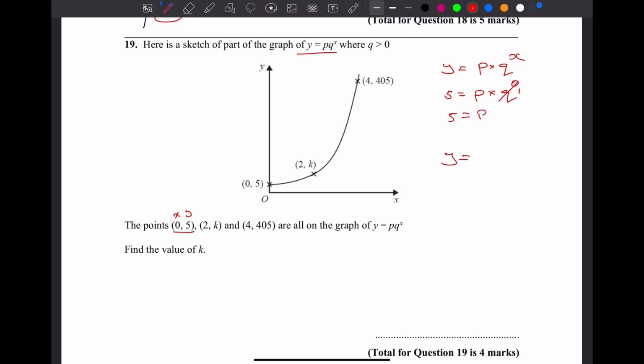Y equals 5 times q to the power x now. Let's substitute these two numbers. Y is 405, equals 5 times q to the power 4.